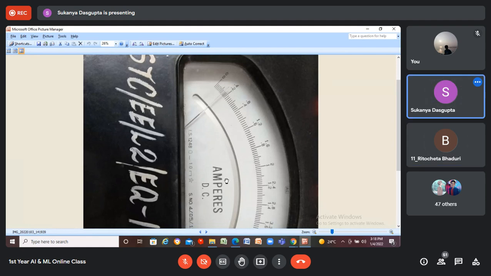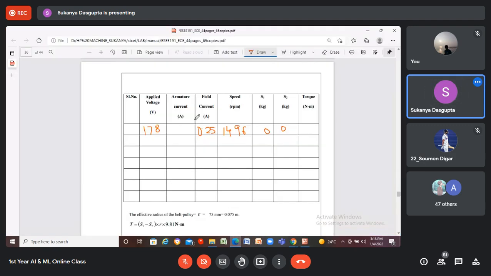Ma'am, 0.28. This is 0.2, so not exactly 0.3, 0.28 or 0.27, like that. Please write down in your data table what you have observed. I am writing it as 0.28. Okay. So you can measure the torque value.